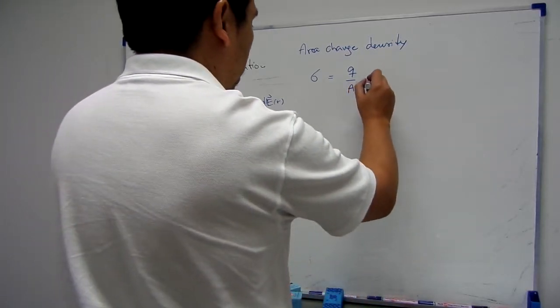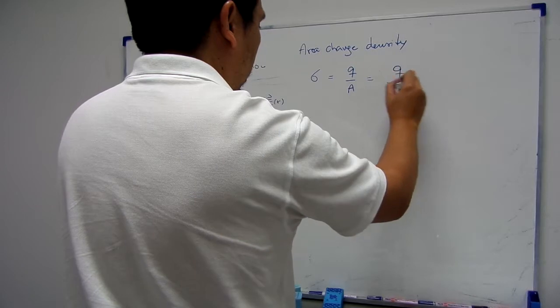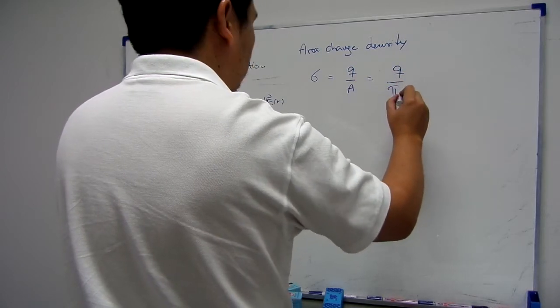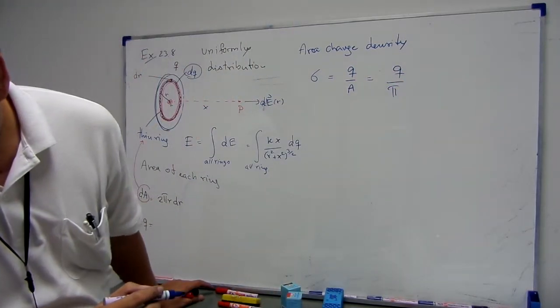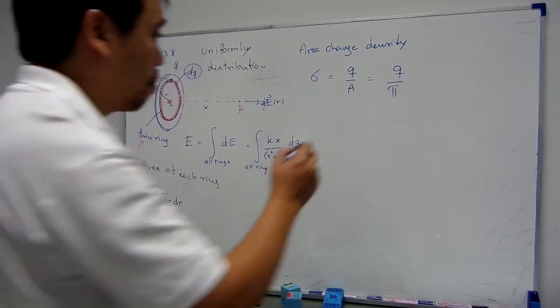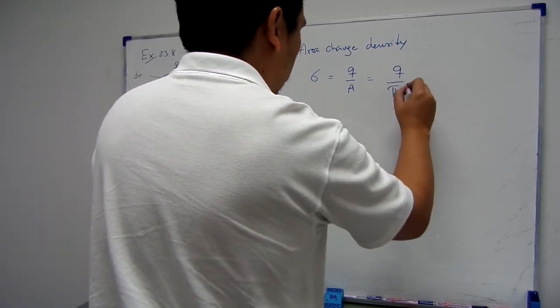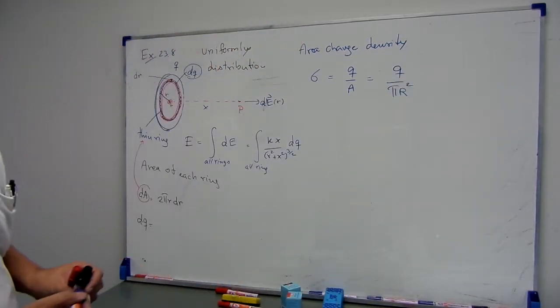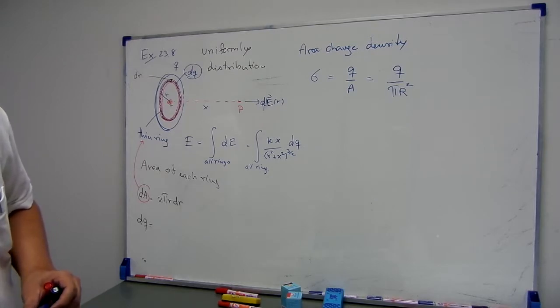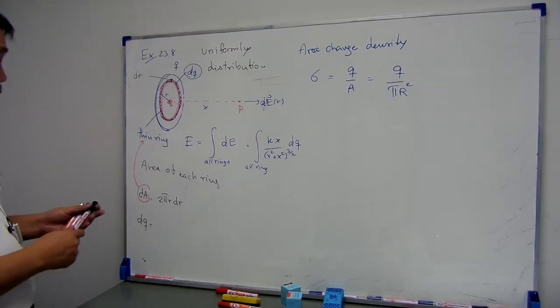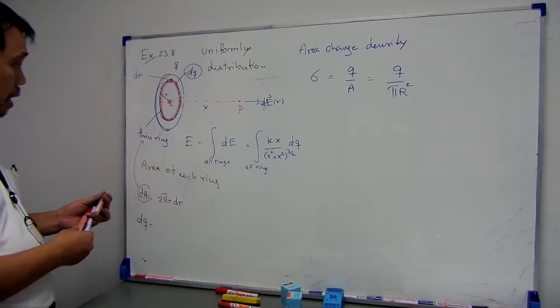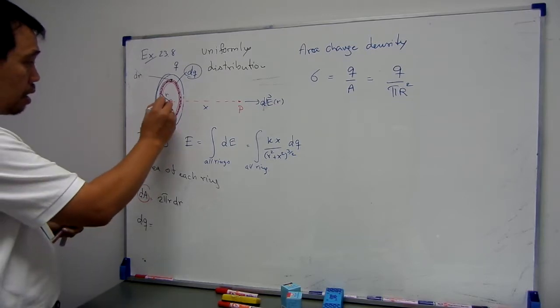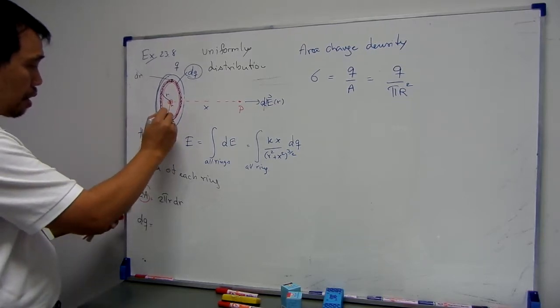So we have that sigma is equal to Q over pi R squared. Here, big R is the radius of the disk.